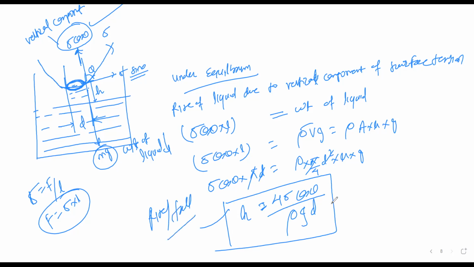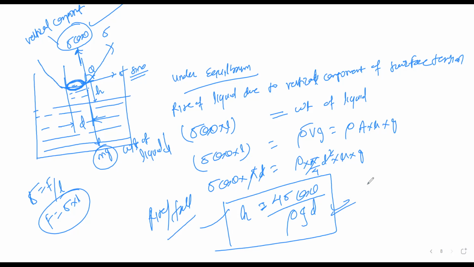In both the cases, it's the same. This is for a cylindrical tube. If the tube is like plates, then the formula will be different, and you can derive it in the same way.